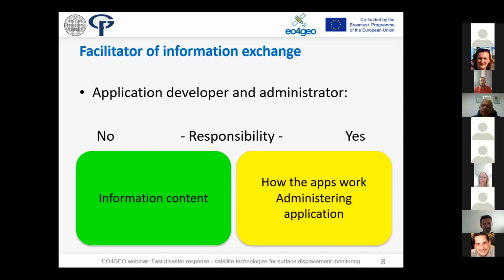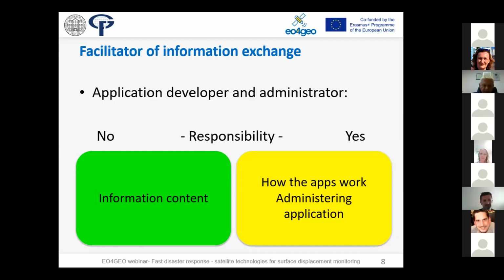I'm not speaking about any kind of censorship or something like this. I'm simply speaking about maybe some automatic filters which will remove or at least slow down publication of content which has no real relation with the purpose of the application.